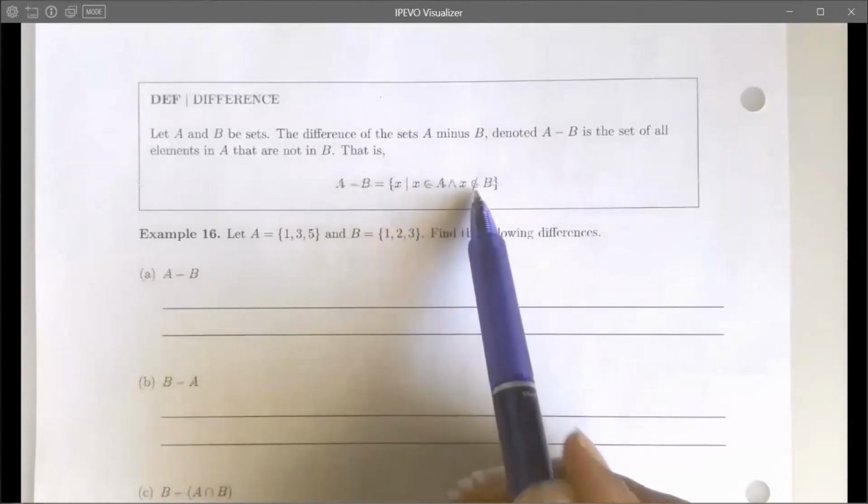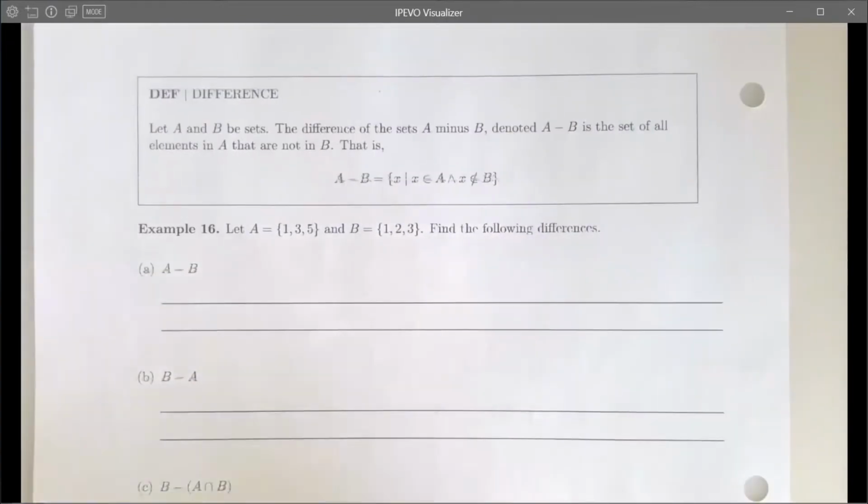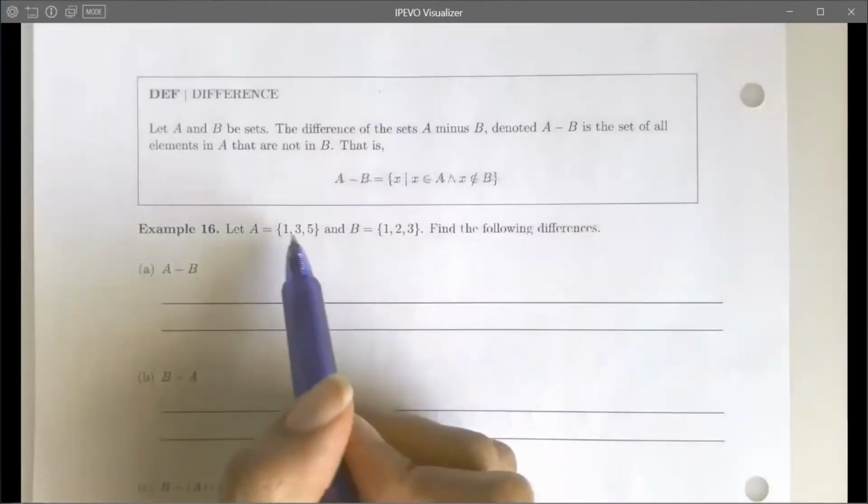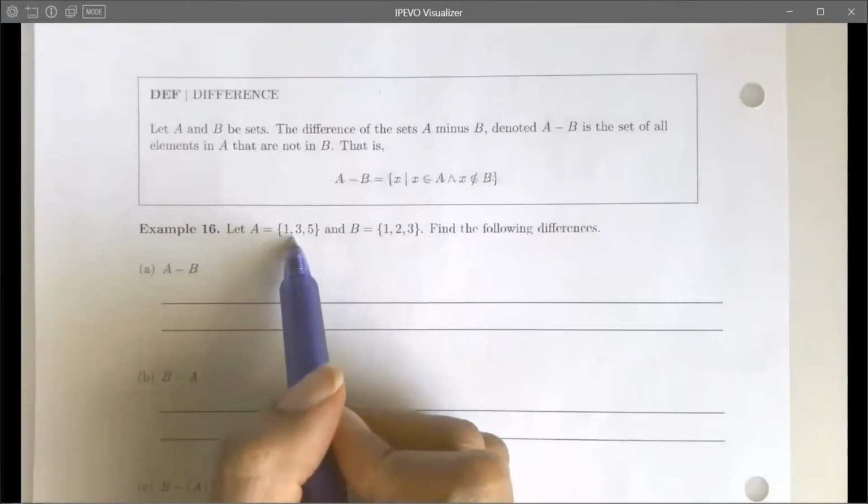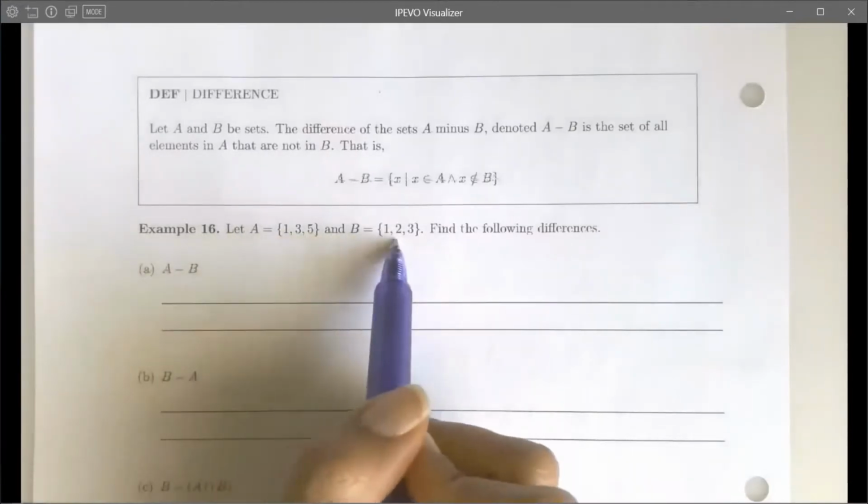So if we look at example 16, here we have those two sets, with the first being 1, 3, 5 and the second being 1, 2, 3.